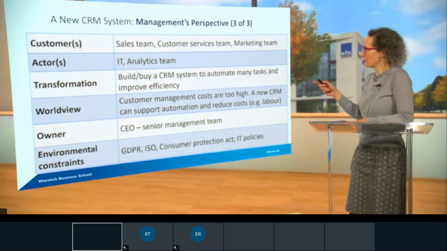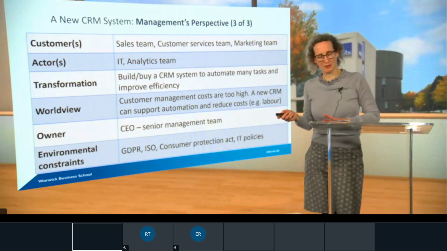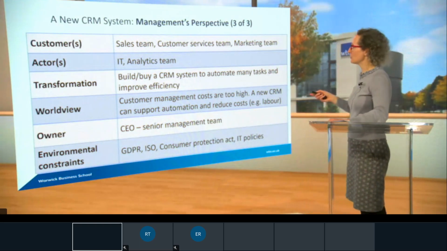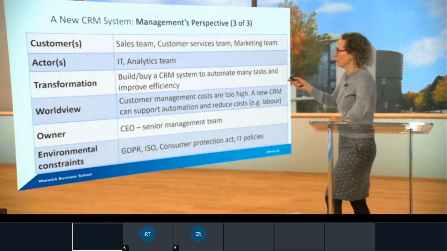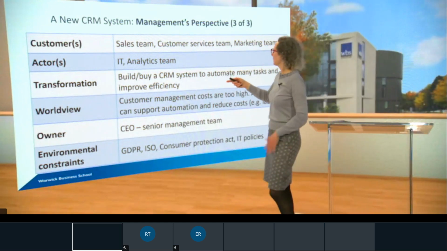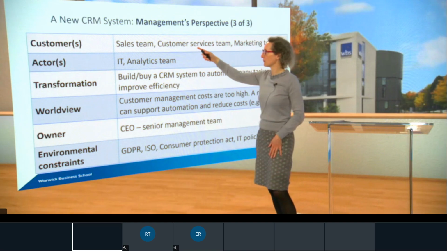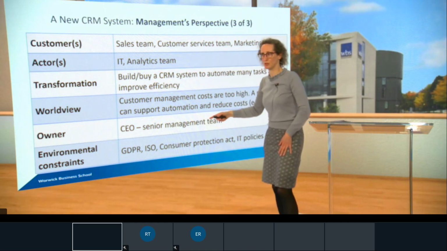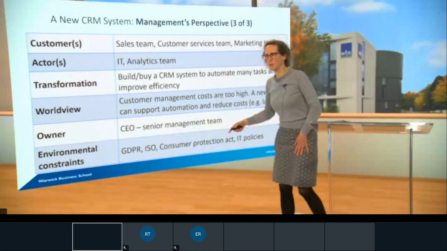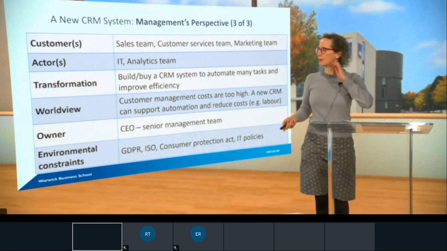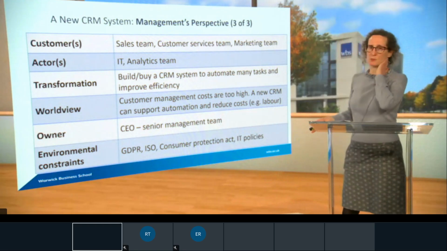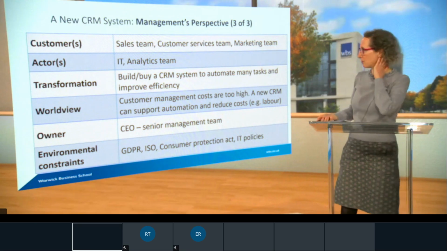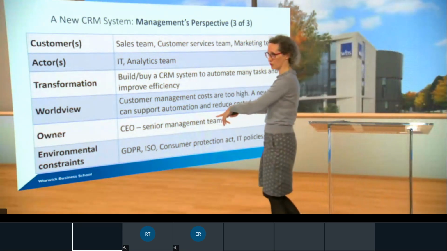And rather than have you look at those in detail, I should say right now that the bit that's different is the transformation and the worldview. Each of these perspectives shows the same customers, actors, owners, and environmental constraints. Now, it might be that you're a bit surprised about that. Maybe as you're working through an intervention, you might expect different groups of people to perceive different environmental constraints.